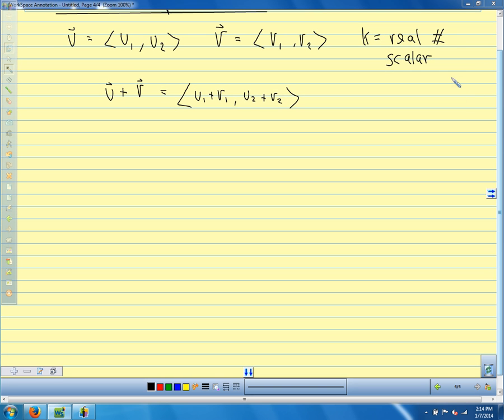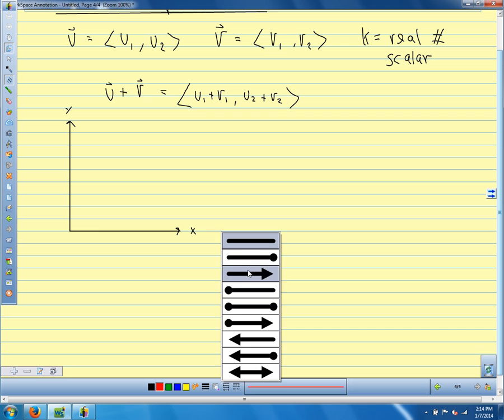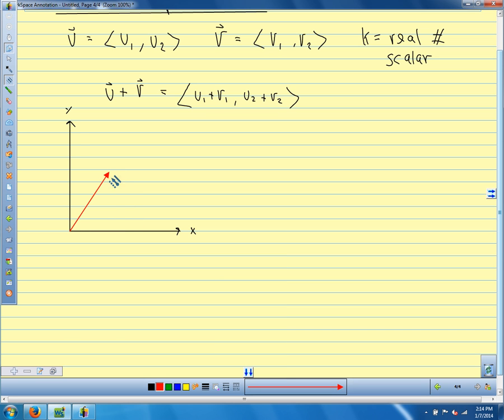And what we're doing here geometrically, if we draw a picture of what we're doing when we add them, we add 2 vectors by putting them head to tail. So if this is a graph and these are our 2 vectors, if we wanted to add u and v, here would be u, there would be v, and u plus v would be the vector we get by connecting the initial point here to the terminal point.